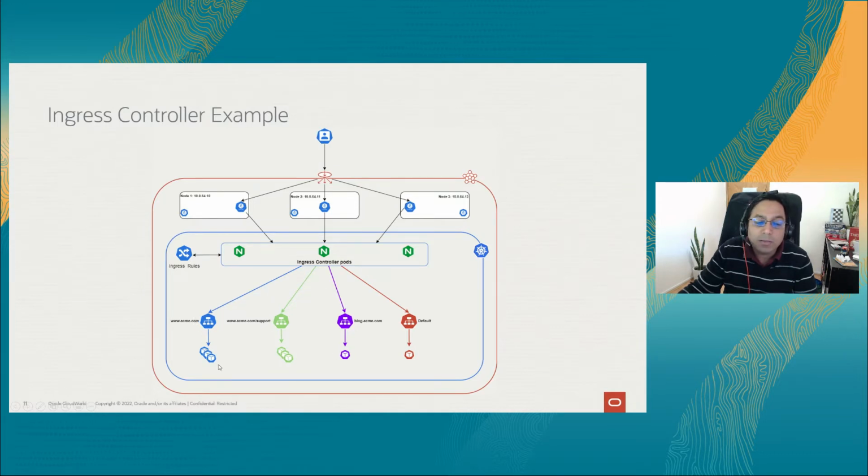Doing it this way, you can see that we can scale our various applications differently. For example, our website is pretty important, so we want to make sure that it's got a sufficient number of pods to service all the requests.